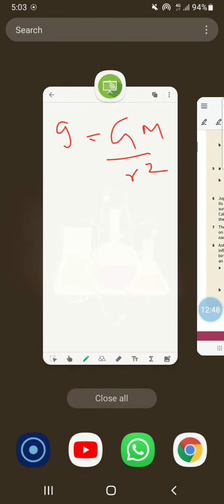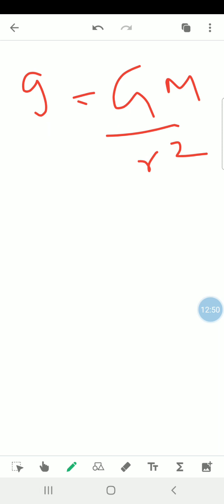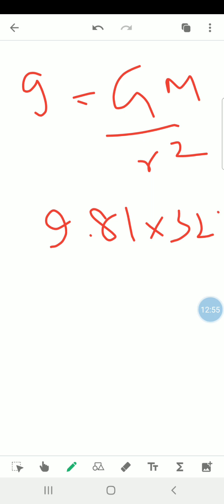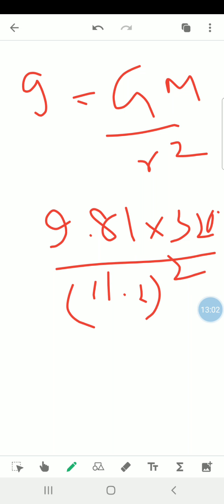So you use those values and you get 9.81 multiplied by 320 divided by 11.2 squared. This will give you 25 newtons per kilogram.